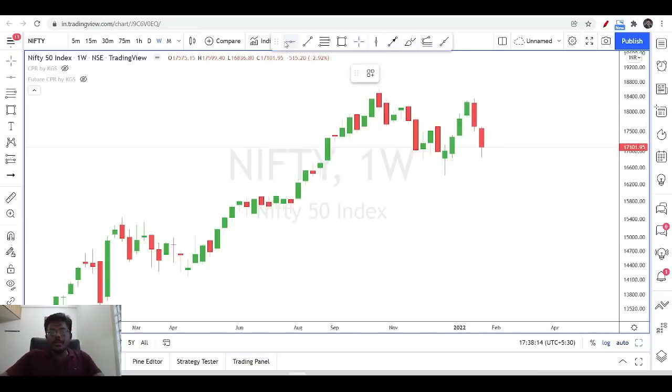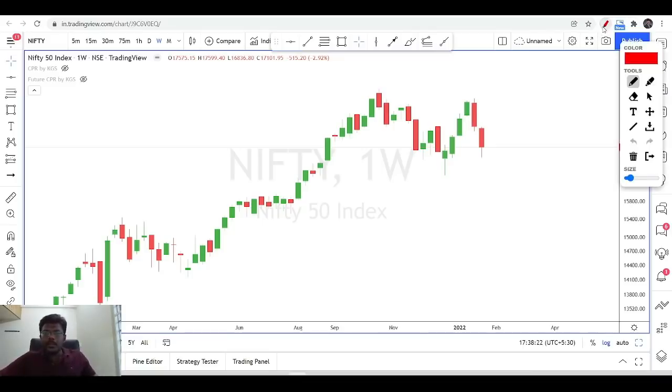So what I am going to do is draw the nearby support and resistance levels. This is the point where the market has reversed earlier. Exactly at this point the market has reversed and given a small bull rally till this particular level. So I am going to draw a support exactly at this point.